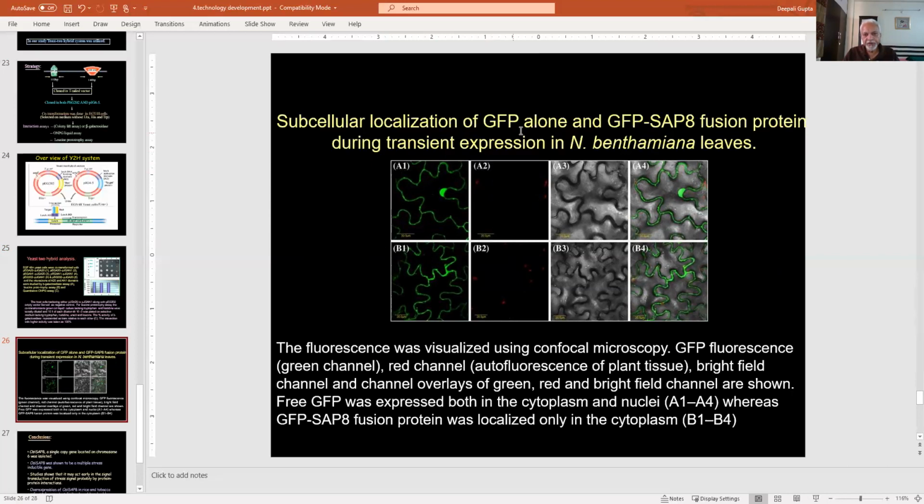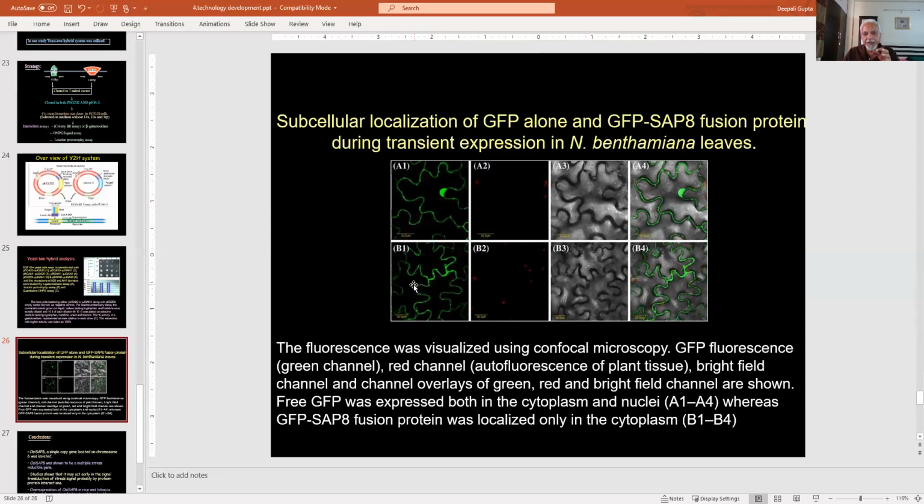That was done using GFP. A GFP and SAP8 fusion protein was made in cells of Nicotiana benthamiana leaves. And this is the normal GFP protein, which shows its localization in the nucleus as well as at the membrane level.